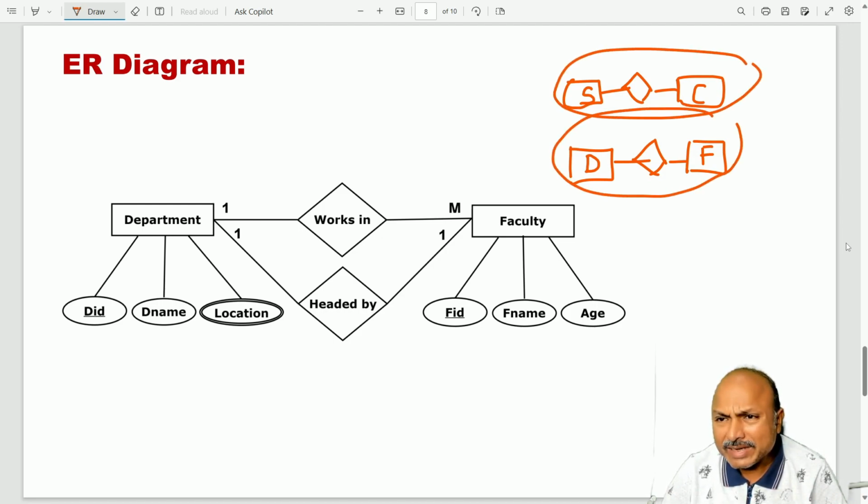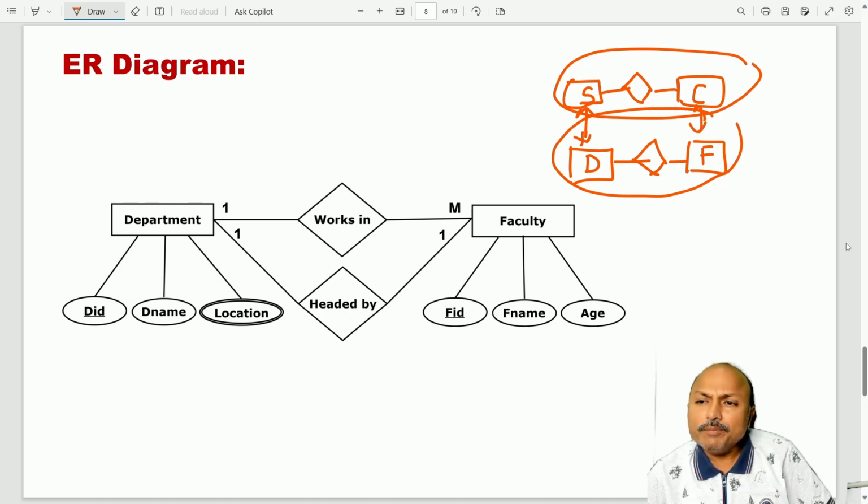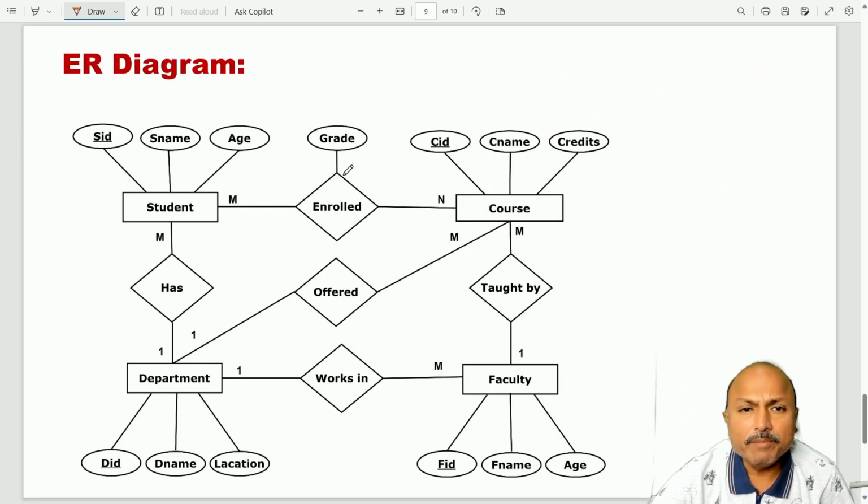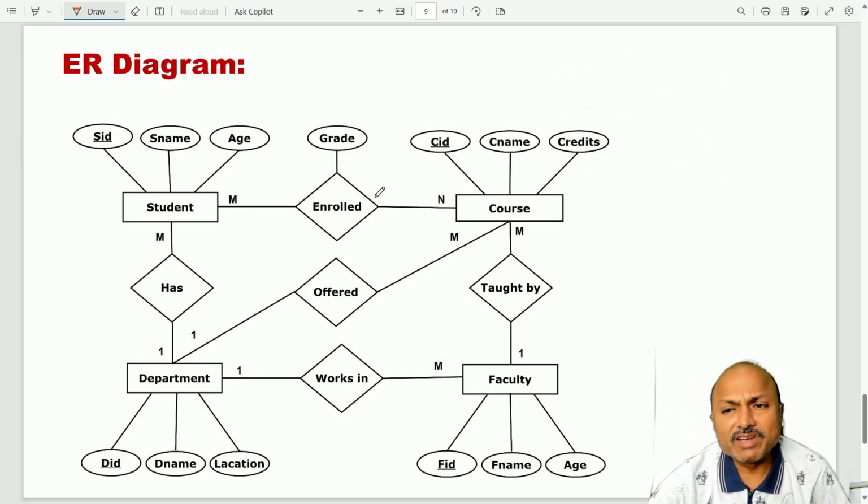Now we need to connect these two parts. In the previous slide we understood the top part, student and course, and the department and faculty part. Now we need to understand the student department relation and the course faculty relation.